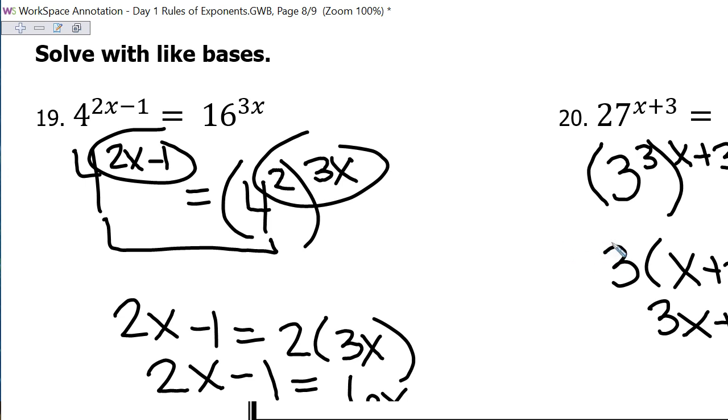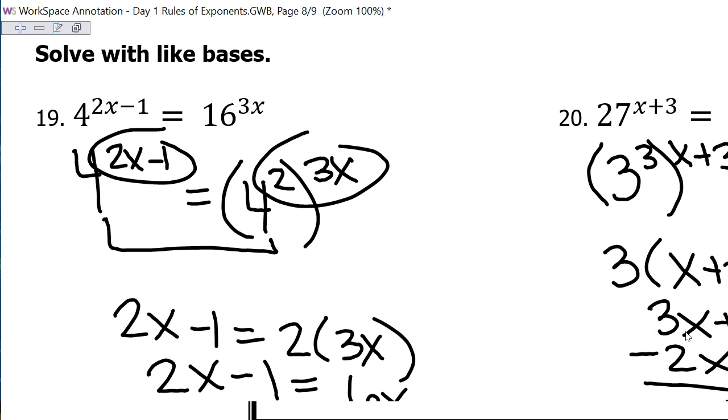Subtract 2x to both sides. 3x minus 2x is 1x plus 9 equals negative 12. And what's the last step? Subtract 9 to both sides. So that gives us x equals what? Negative 21. Negative 21.